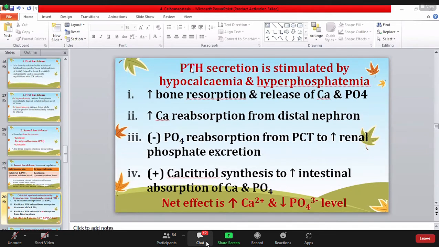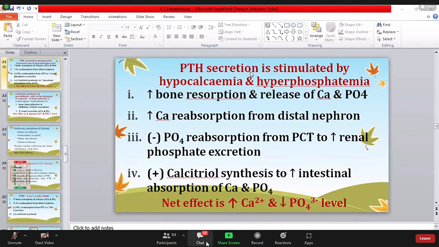Now parathyroid hormone. Parathyroid hormone secretion is stimulated by hypocalcemia and hyperphosphatemia. Hypocalcemia means decreased serum calcium concentration, and hyperphosphatemia means increased phosphate concentration in blood. In these two states, parathyroid hormone secretion is stimulated. And how does parathyroid hormone act? At first, it acts on bones and increases bone resorption and release of calcium and phosphate.